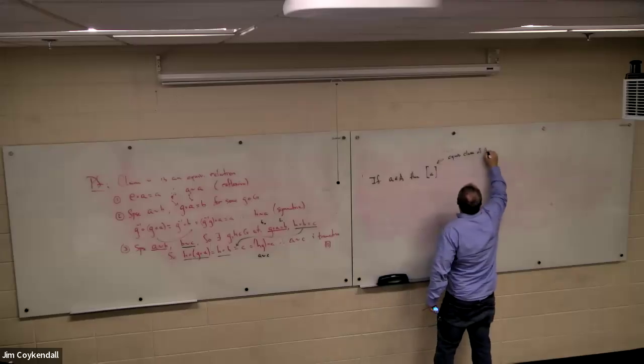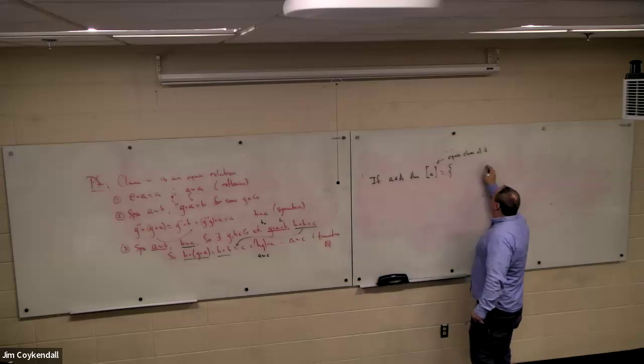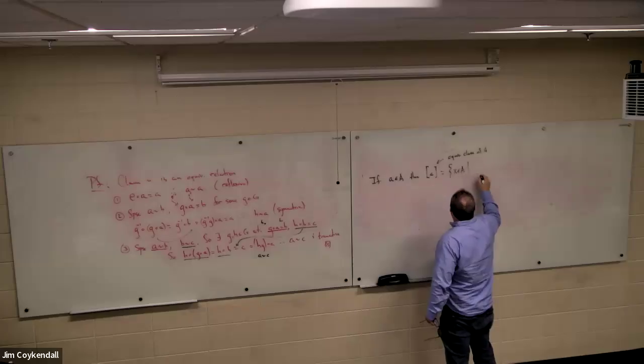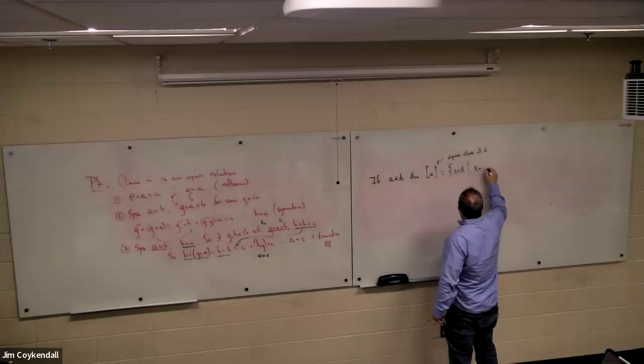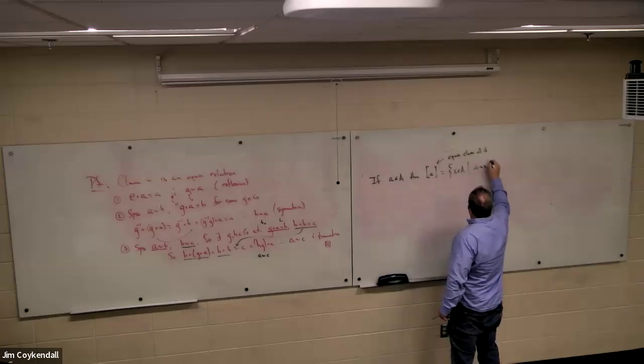Let's think about what this is. This is the set of all x in A such that x is related to a. Oh, well, actually, I'm going to do it the other way for convenience.